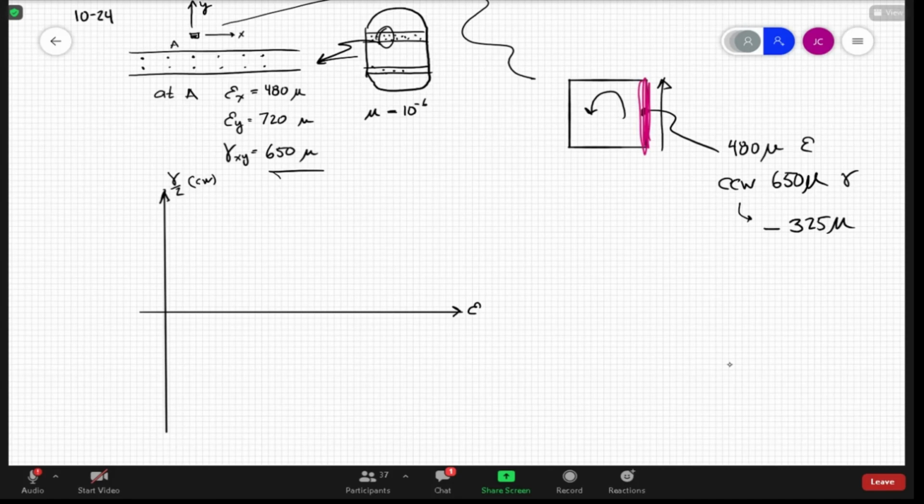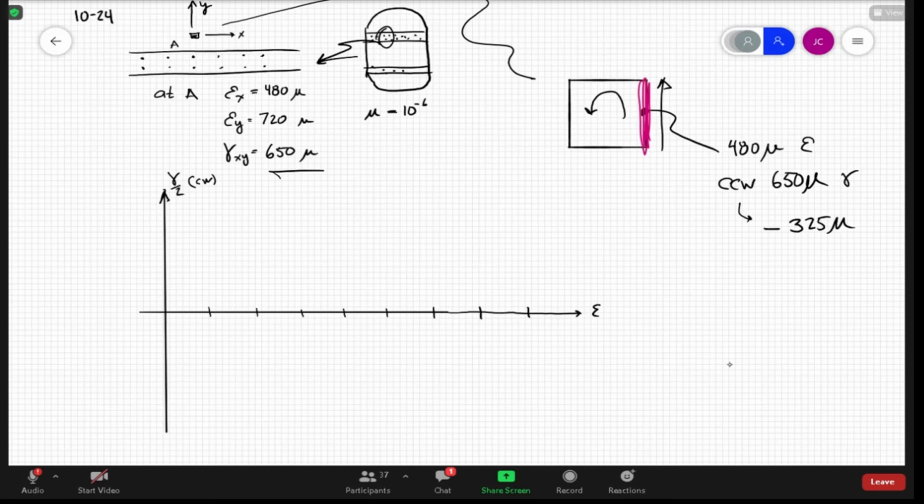All right, so where is that point? We go down the x-axis 480. So let's say this is 100, 200, 300, 400, 500, 600, 700, 800, for whatever it's worth. Okay, so 480 is about there.